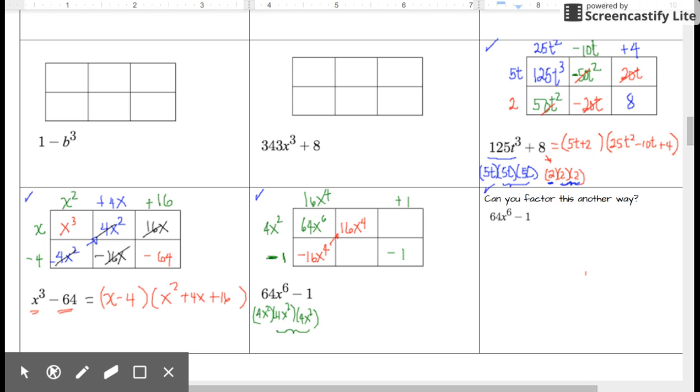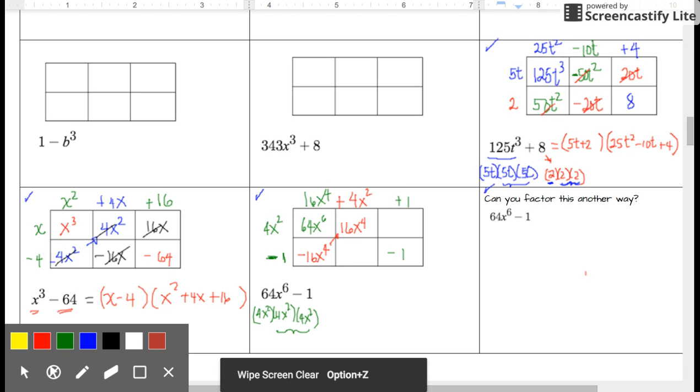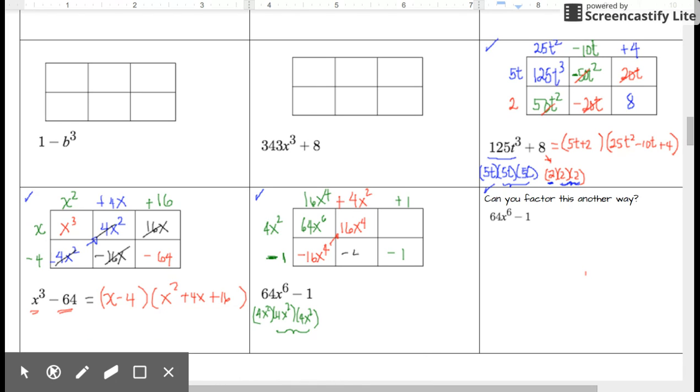So now we think, what do I multiply to 4x squared to get 16x to the 4th? And that's going to be 4x squared. And it has to be positive. And then let's fill up all the regions here. We know that negative 1 times 4x squared is negative 4x squared. And 4x squared times 1 is positive 4x squared.